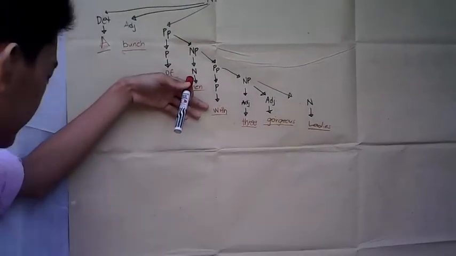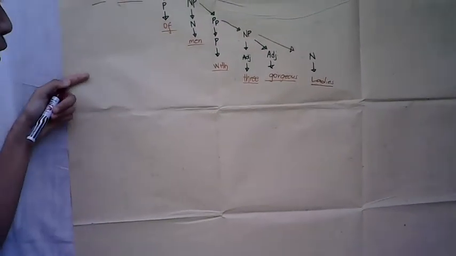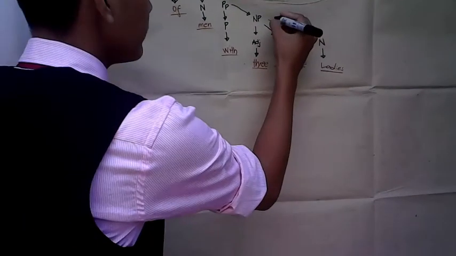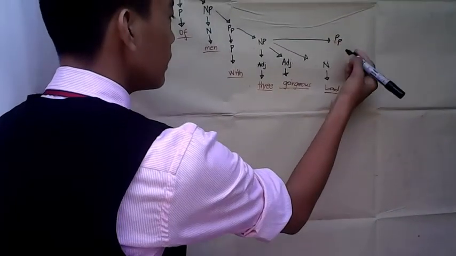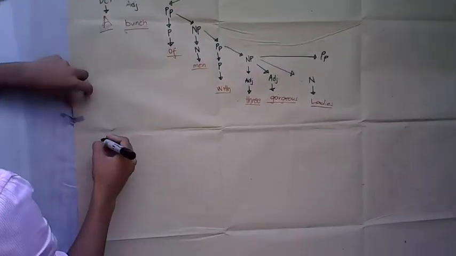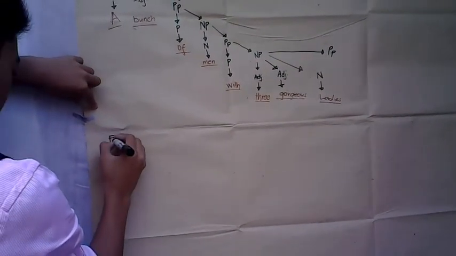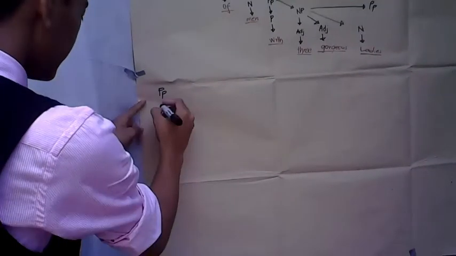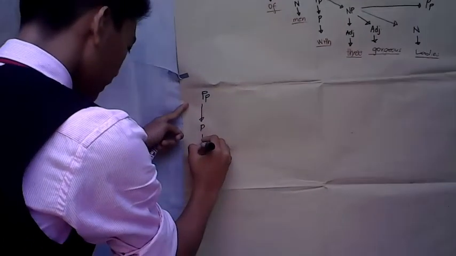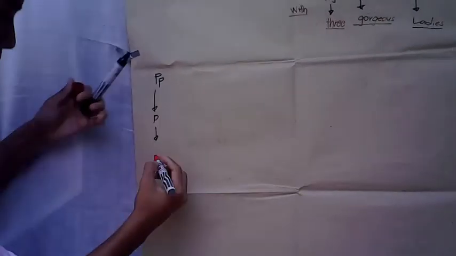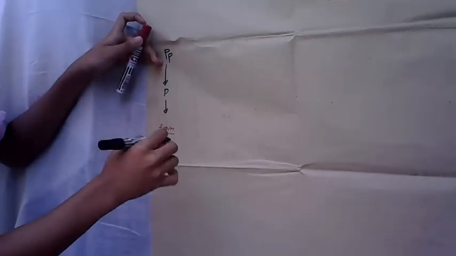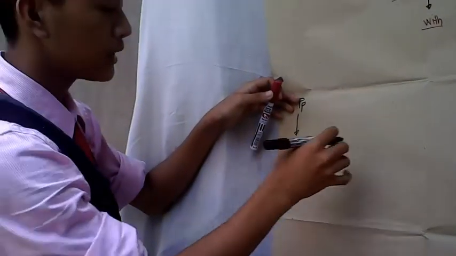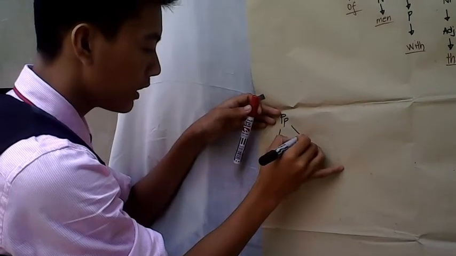Then the next word is from. From is a preposition, so we will make a new phrase, a prepositional phrase. Lack of space. Write it here. PP. And the next word is the. The is a determiner, so we will create a new phrase, a noun phrase.